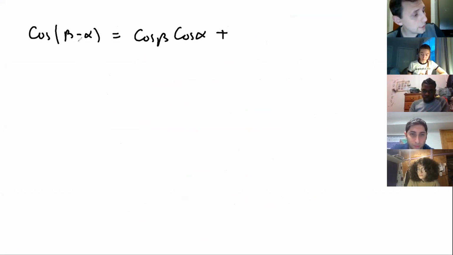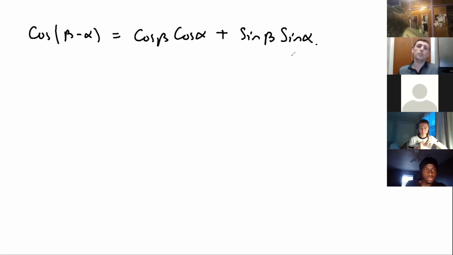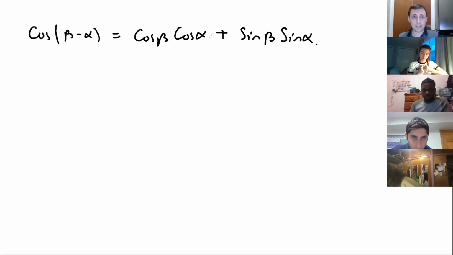Plus sine of the first angle times sine of the second angle. Multiply sines, yes, exactly, Lazar. So you multiply cosines, you multiply sines. It's easiest to remember this formula: just change the minus to a plus.